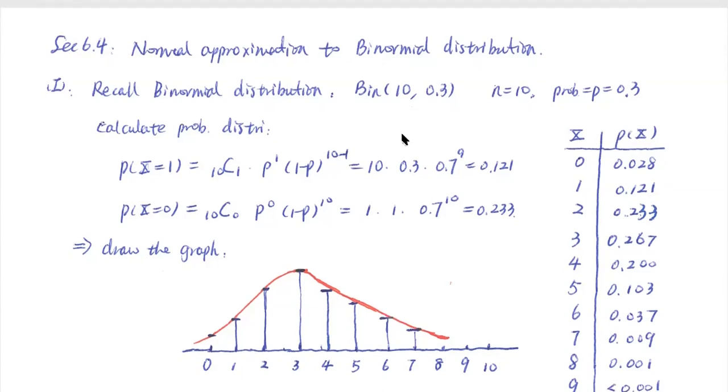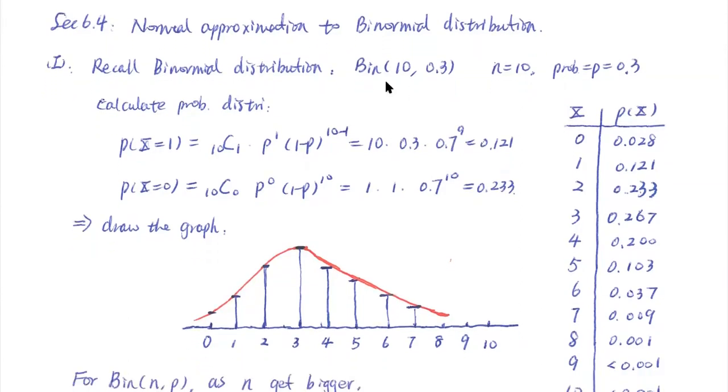So for example, if we are given n is equal to 10, p is equal to 30%. Based on this information, we can assume the event is like flipping a coin. The probability of getting a head is 30% each time, okay? And then you are going to flip the coin 10 times. n is equal to 10 reminds you it is 10 times, right?